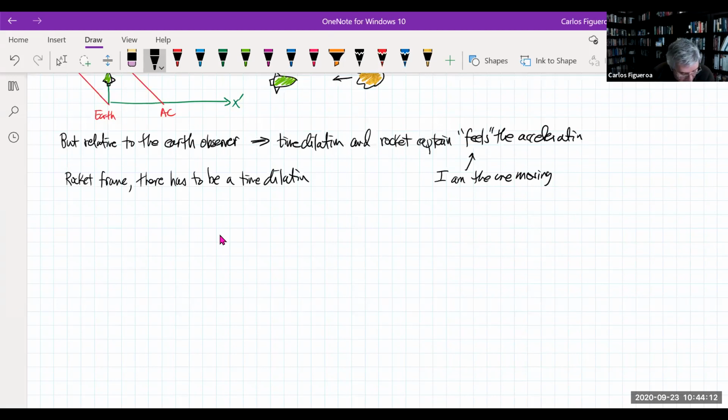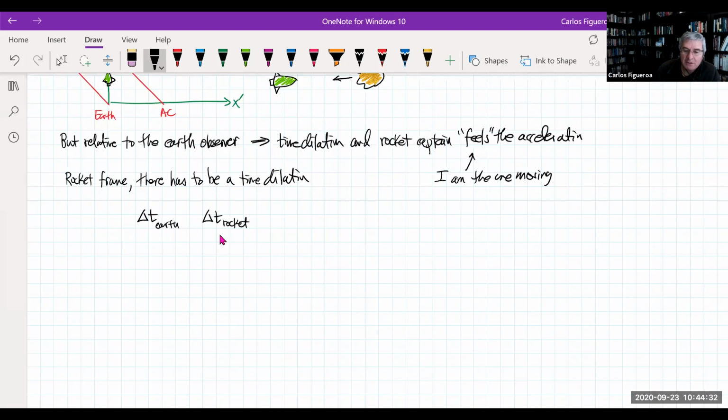And the way that time dilation has to be here is that when I draw this out, I'm talking about Earth and I'm talking about the rocket. And the question is, where do I put my gamma?